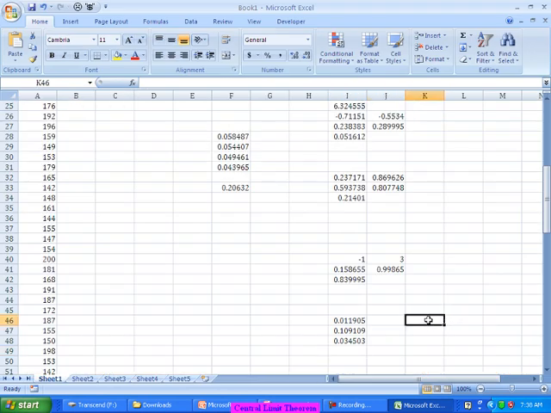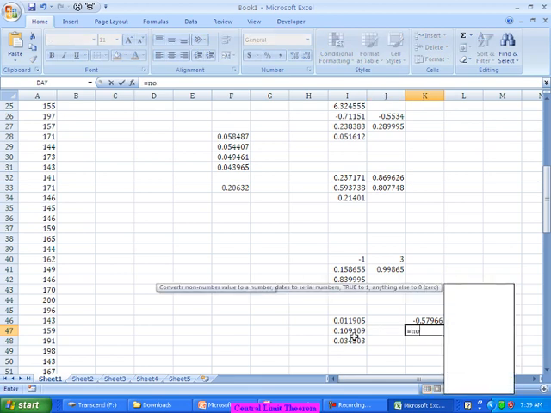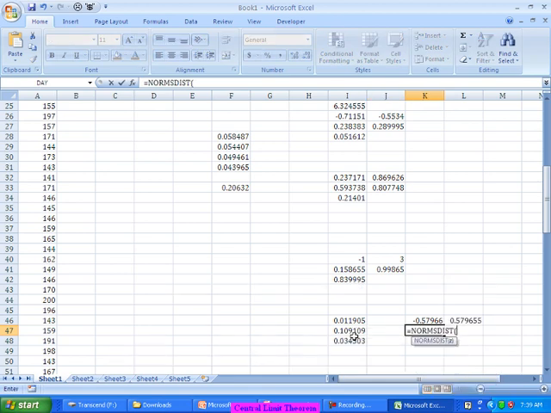So for 0.48, I will find out the standard normal distribution. 0.48 minus 0.5 was the mean, divided by the standard deviation. This is the one. And similarly 0.52, 0.52 minus 0.5 divided by this one. So the area wise, I can find out from the normal distribution tables.